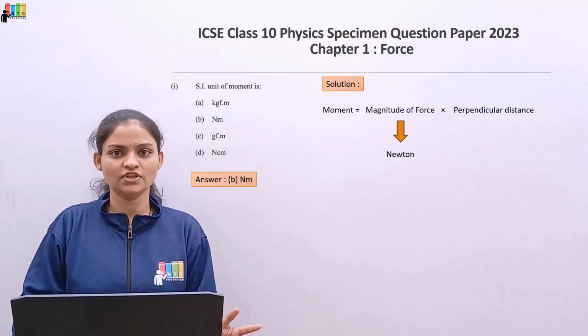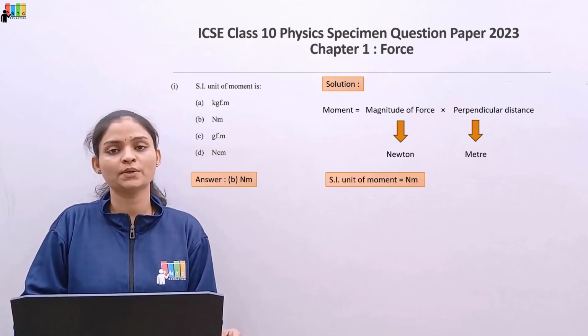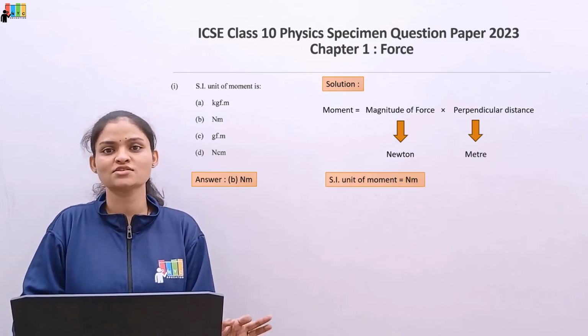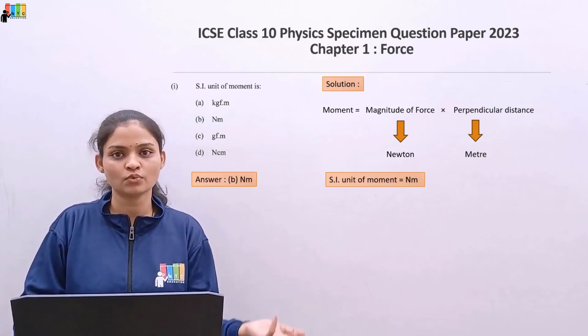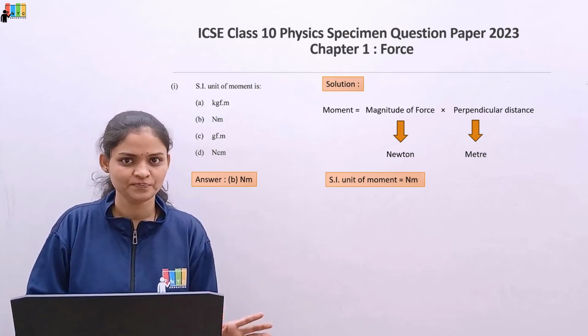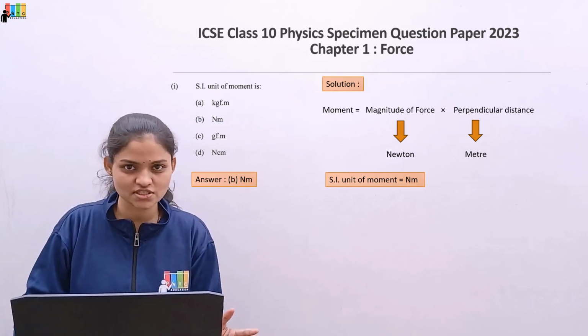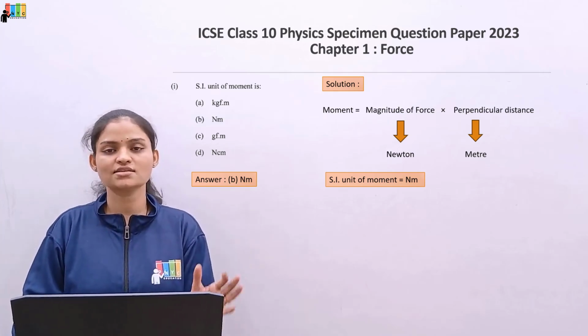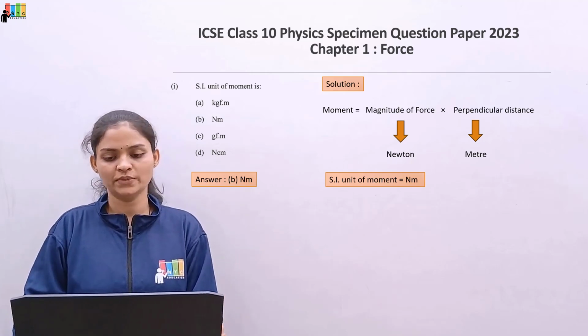We know that the unit of magnitude of force is Newton and the unit of perpendicular distance from the axis of rotation is meter. So what will be the unit of moment? Newton into meter, that is Newton meter. It is a very simple and conceptual question. So the answer of this question is B, Newton meter.